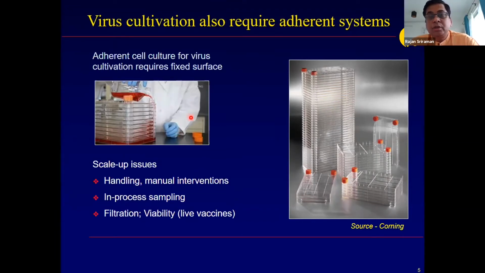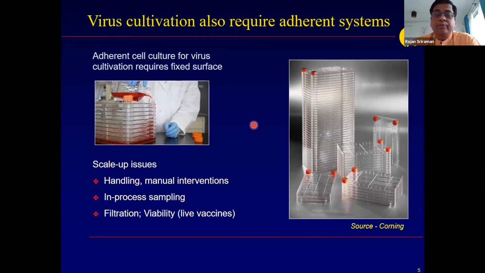The issue is not all viruses are adapted to a suspension culture or a Vero cell culture. For instance, hepatitis A is adapted to MRC5, and that's an adherent cell. It's a lung fibroblast and requires a surface to attach. And the moment you have a surface involved in attachment, there are scale-up issues.